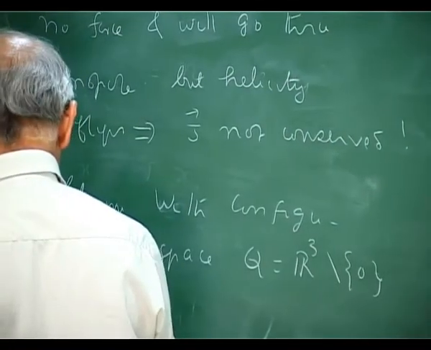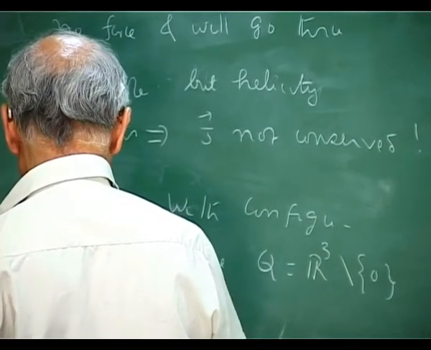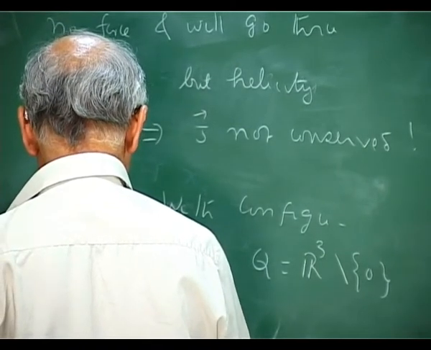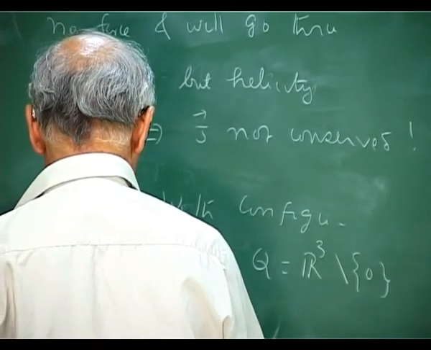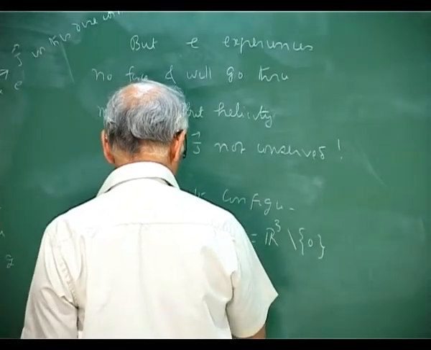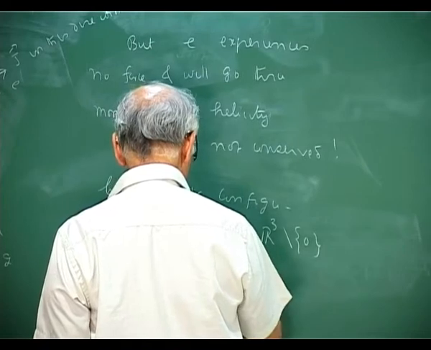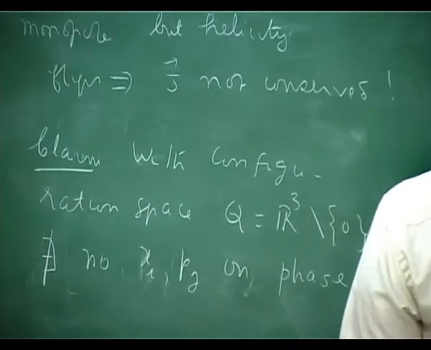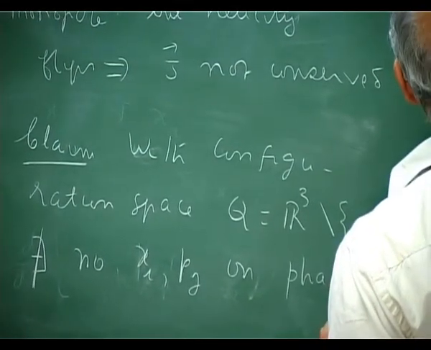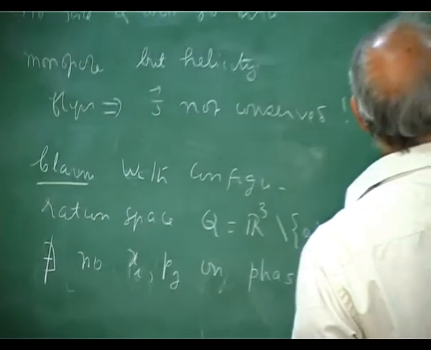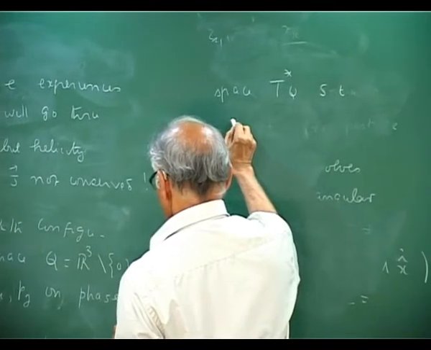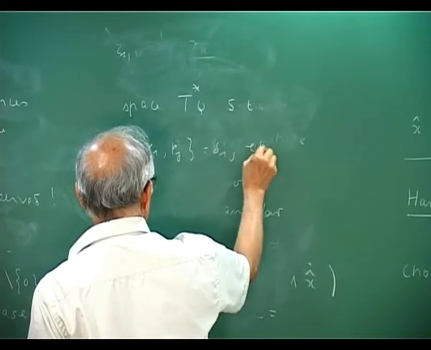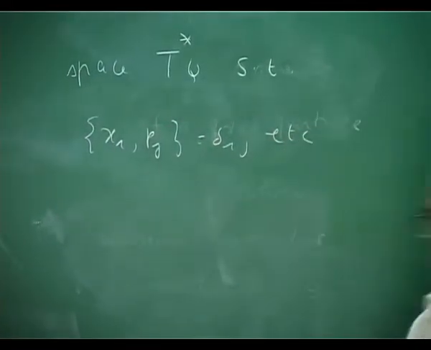There exists no Poisson bracket on phase space, I will call it T star Q, such that xi pj is delta ij, etc.